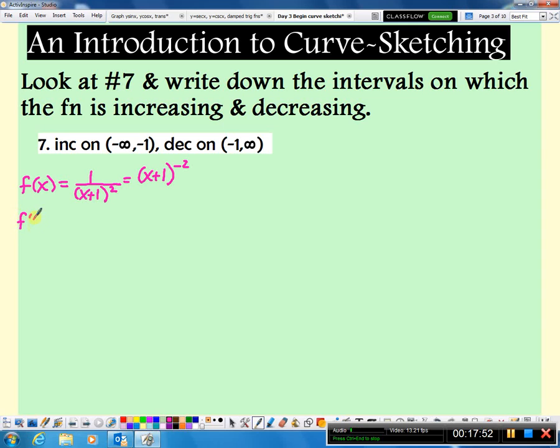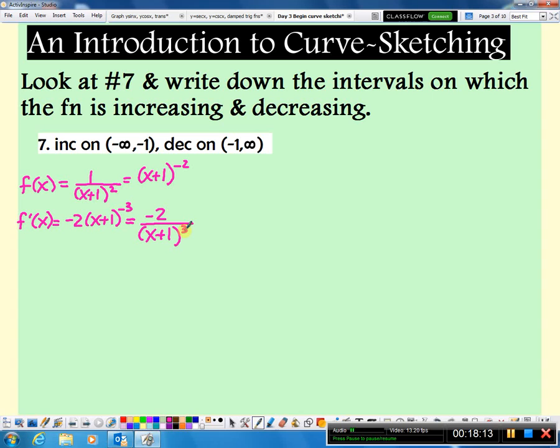So f prime of x equals -2, x plus 1 to the -3, times the derivative of the inside, and the derivative of the inside is just 1. So let me rewrite that in a good way, and that would be -2 over x plus 1 to the 3rd power. Are you all right there?